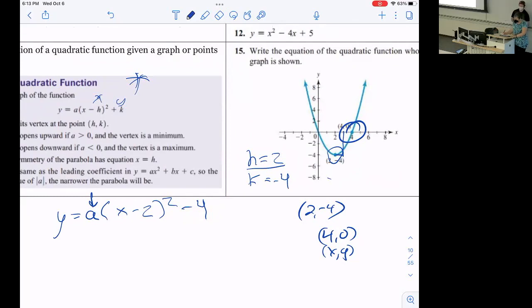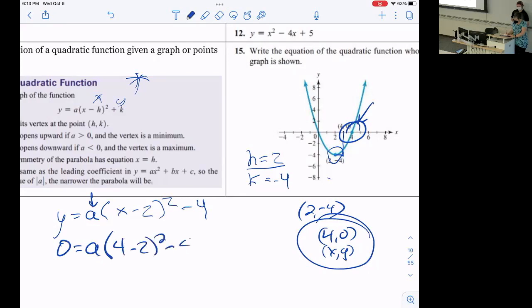So to work this out, I'm going to take this XY point from right here. And for Y, I'm going to plug in 0. I'm solving for A. X is equal to 4, so 0 is equal to A times (4 minus 2) squared minus 4. And so then I just work through this. 0 is equal to A times 4 minus 2 gives me 2. Then let's square 2 to give me 4, minus 4.